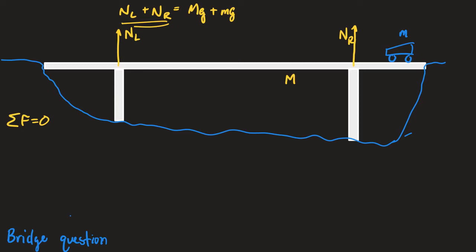But this system becomes dynamic if you push hard enough on one side. You can cause the bridge to rotate. One question I might ask on a test would be to put like A, B, C, D, E, and ask where can I press down and have the bridge lift up?